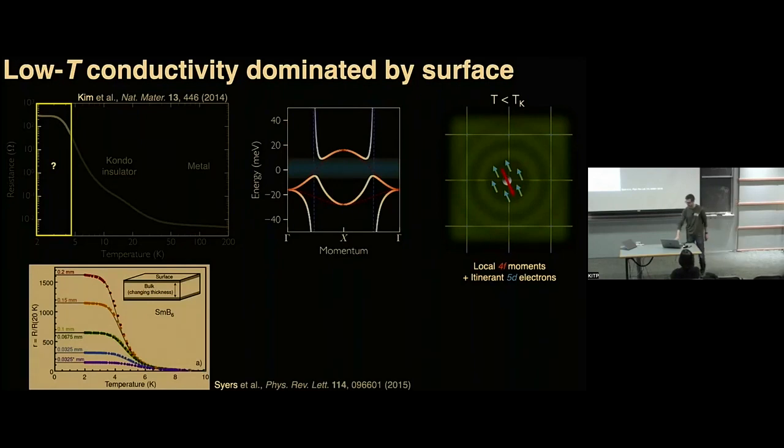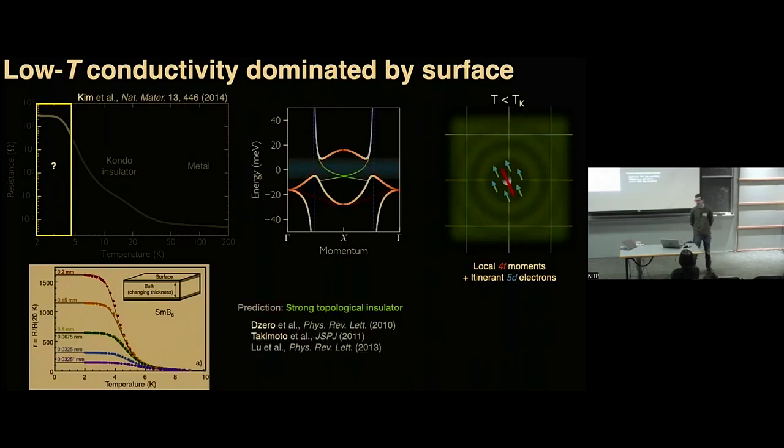This observation led to the prediction that samarium hexaboride could be an example of an interaction-driven topological phase, whereby this gap, which opens due to the interactions, also encodes a non-trivial topological invariant and therefore hosts heavy Dirac surface states.